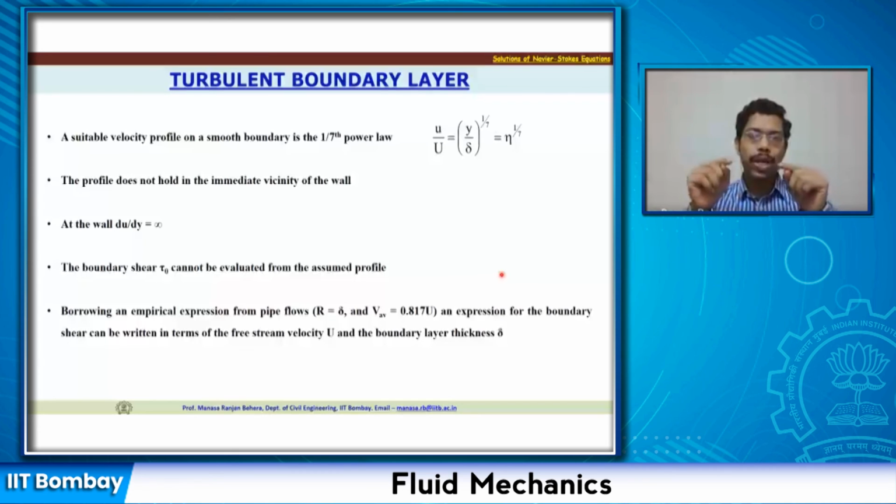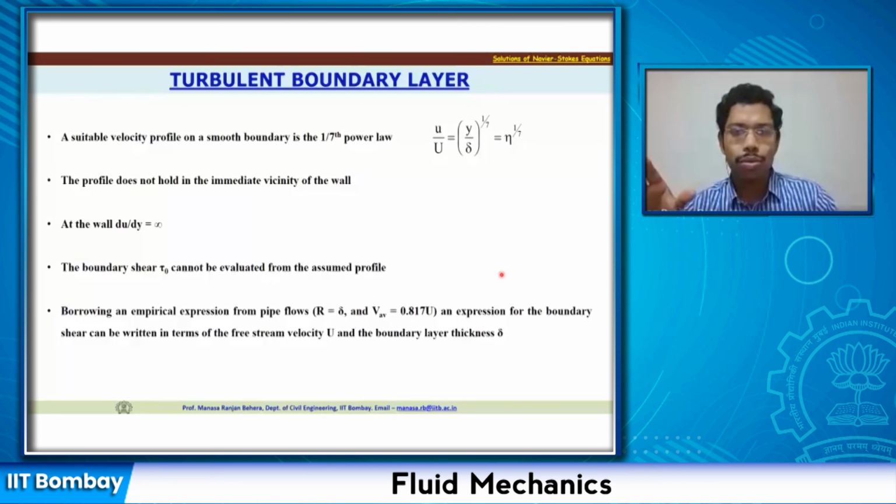So from the midpoint, you have the radius of the pipe, and that we consider as delta, the boundary layer thickness. Okay, and V average equals 0.817 U. Average velocity within the pipe is going to be 0.817 times the free stream velocity that was considered for deriving this expression.